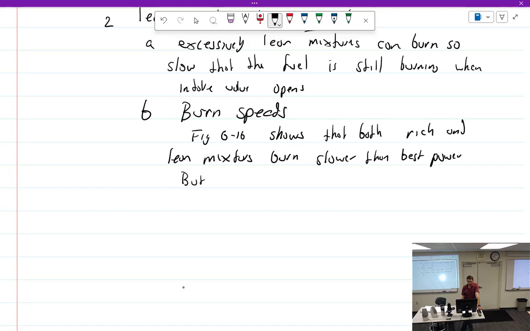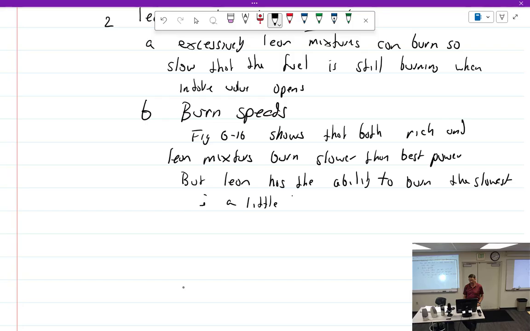But lean has the ability to burn the slowest. A little bit rich or a little bit lean of best power burn at the same speed.